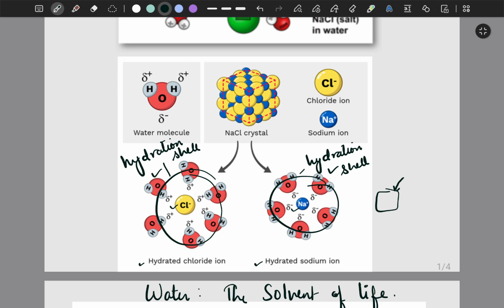So water eventually dissolves all the ions, and the result is a solution of two solutes, sodium cations and chloride anions, and both are mixed homogeneously with water, the solvent here, and we get an aqueous solution.